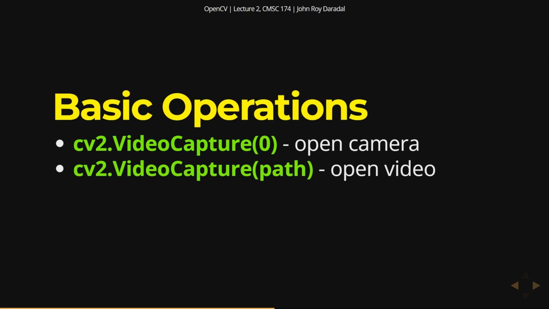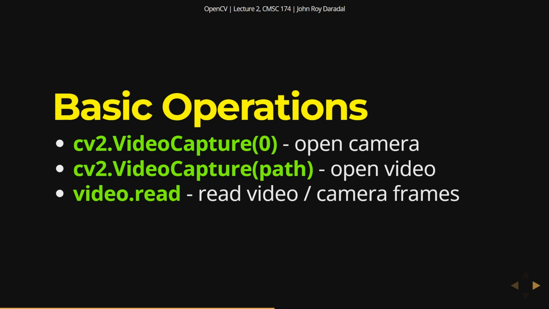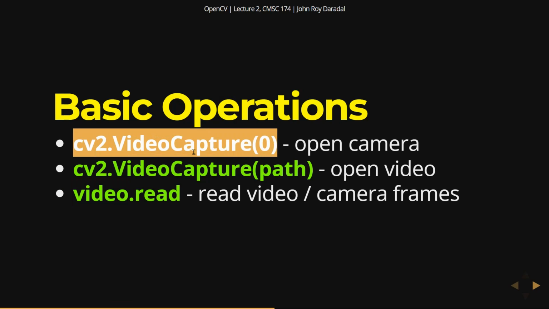Now if you want to open a video, it's the same thing, VideoCapture, but then you pass in the path of the video file, and then it will open that. Of course this will only open the video, so you have a video object, but if you want to read the images off of the video, then you would use video.read. This video here is the object that you save from the VideoCapture.